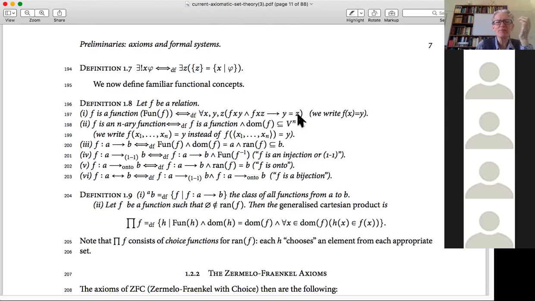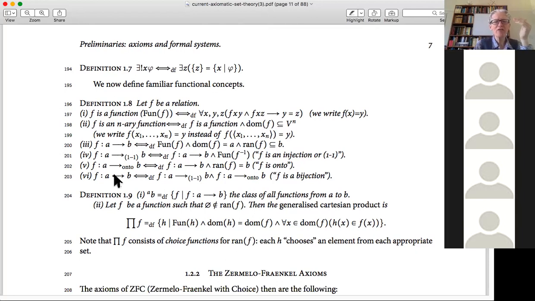It's single valued. An n-ary function is just one that's a function, and its domain is contained in n-tuples. And instead of writing something like f of the n-tuple equals y, we just keep it simpler and write f x1 up to xn equals y.